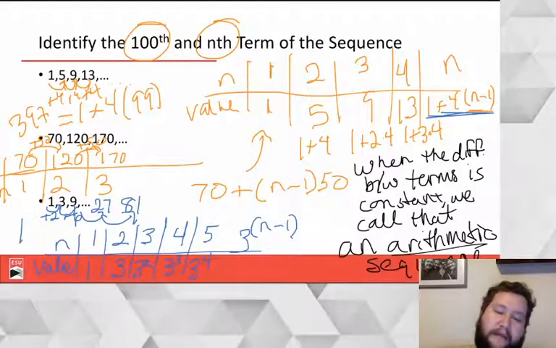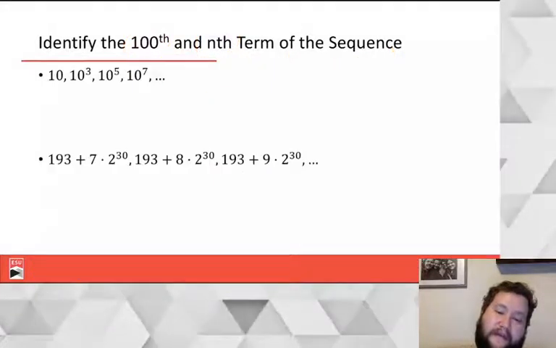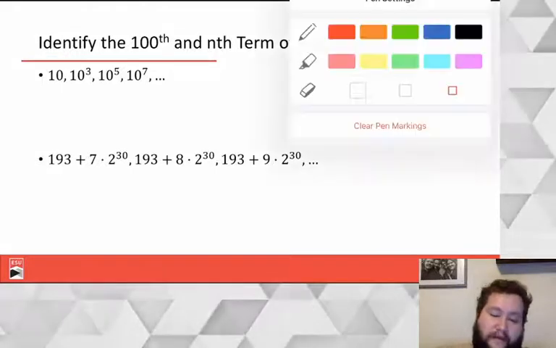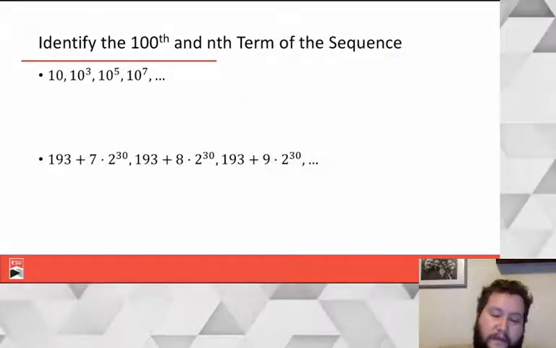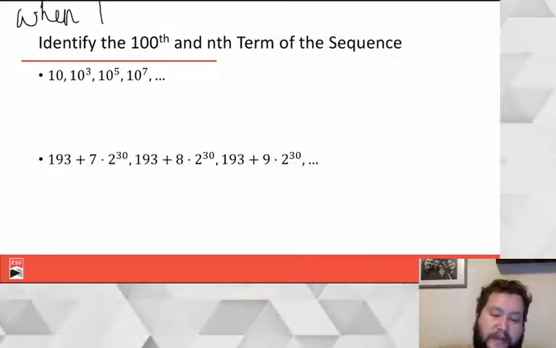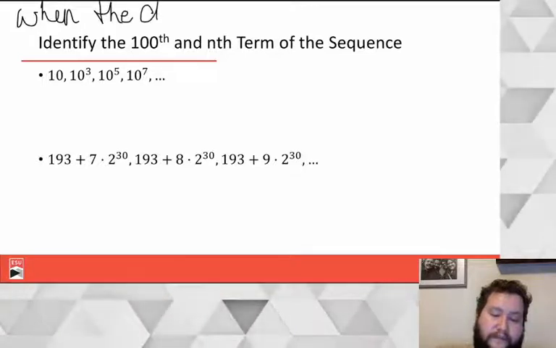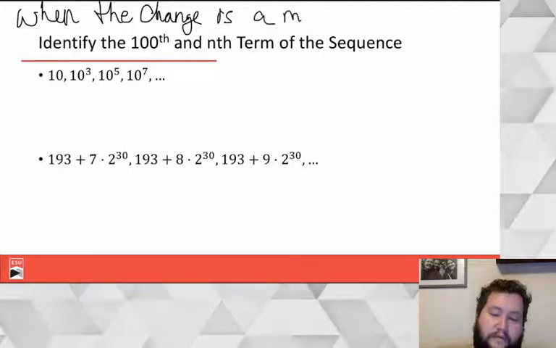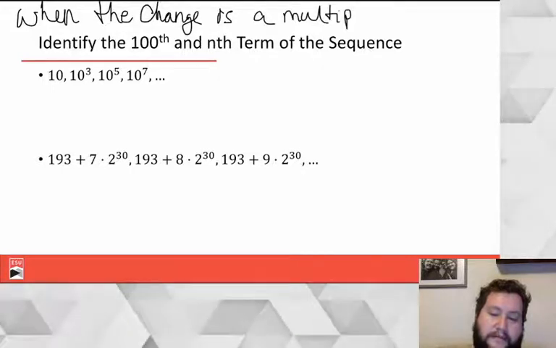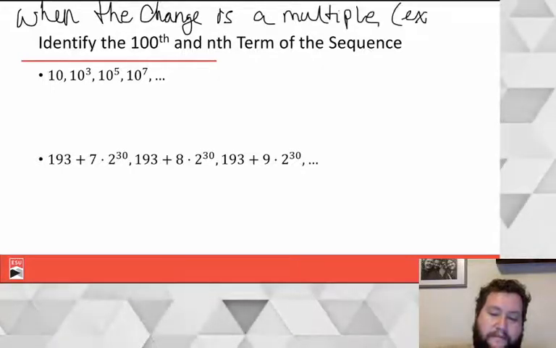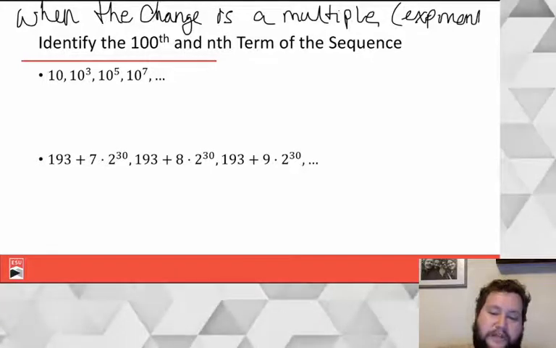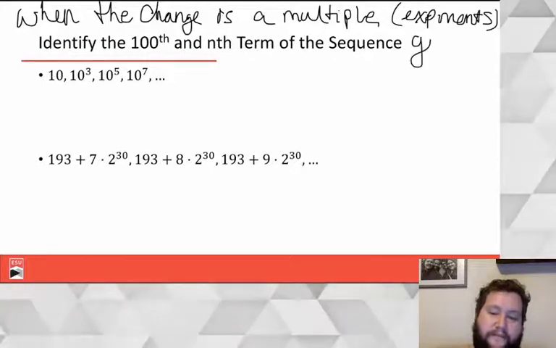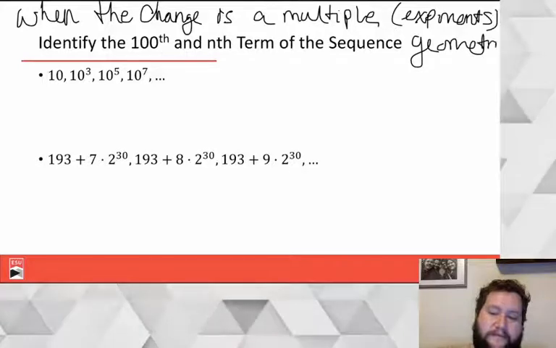And so let me go ahead and write this on this next slide. When the difference, or how about I'll call it this time, when the change is a multiple, think about exponents, we call these geometric sequences.